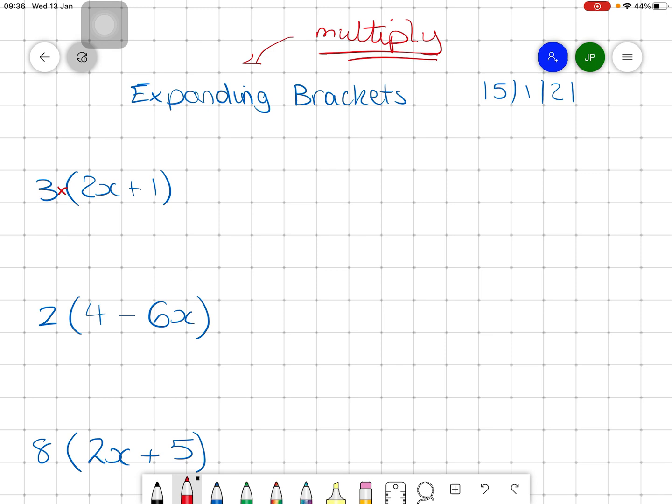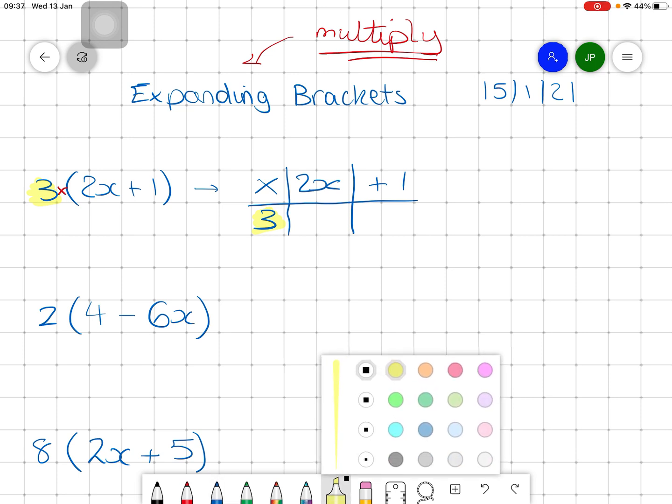Now, what I want us to use in order to help us complete this is a grid. So we're going to start with a nice simple grid, and we're just going to fill in some gaps. We're going to multiply in this grid. We're going to put our 3. So our number from outside is going to go in that first box. And then we're just going to split our bracket at the top.